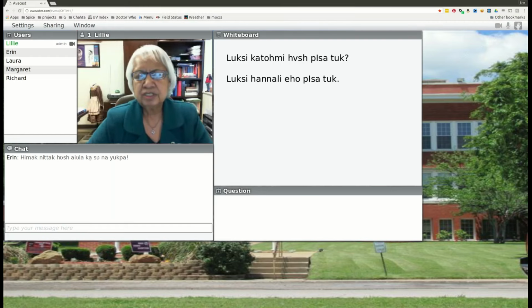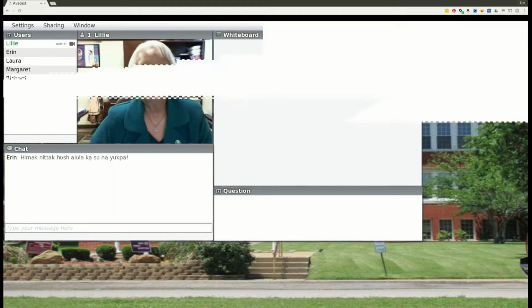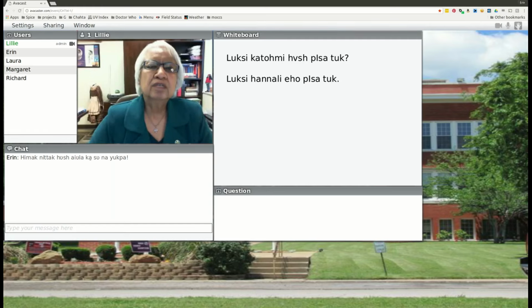We know that hush is the subject of the sentence because it's the agent marker. Katohmi is going to modify luksi. Luksi is the object in this sentence. Luksi katohmi hashpin satuk. So looking at luksi as this object in the sentence, katohmi is going to ask how many.